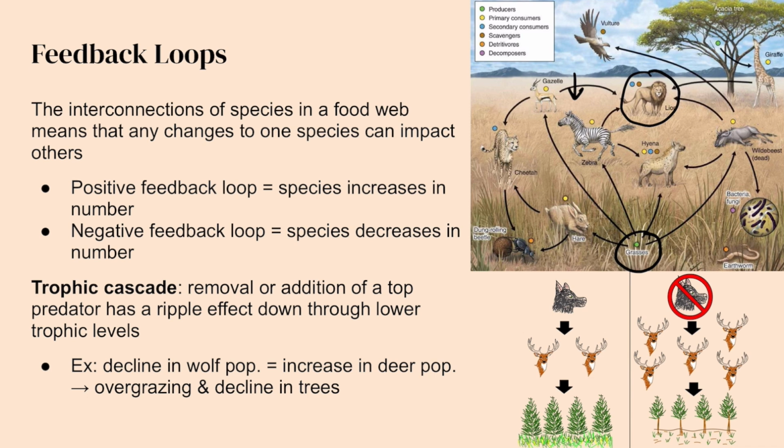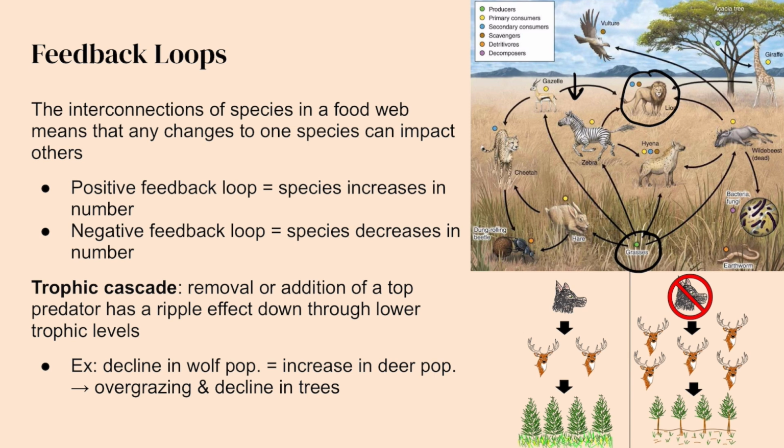Now that's not necessarily a direct effect, it's actually an indirect effect, but it still causes positive feedback from that initial lion population increase. So when we have the removal or addition of a top predator or an apex predator, that has a ripple effect down throughout all the trophic levels, and this is called a trophic cascade. So when you have something happening at the top of our trophic level and it causes effects throughout the entire trophic pyramid, we call it a trophic cascade.